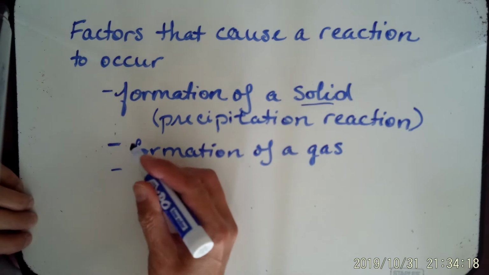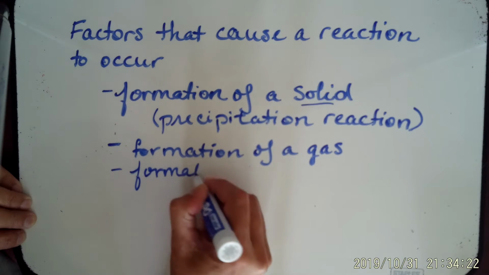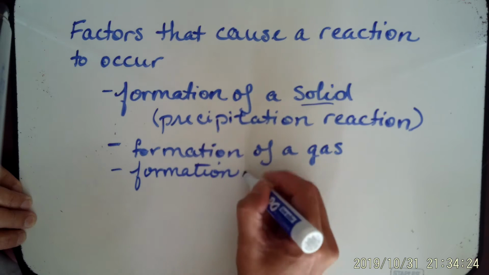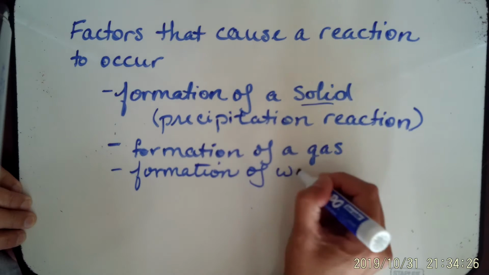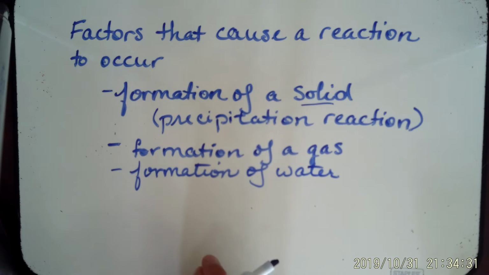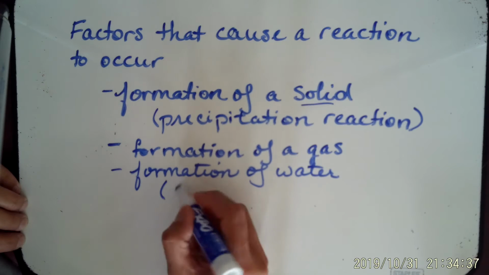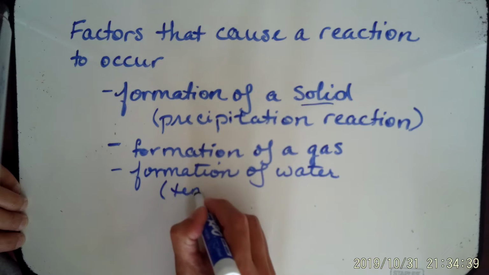Another is the formation of water. Now when we form water, we can't really visually see that like we can see the bubbles or the formation of a solid, the precipitation. But oftentimes this is accompanied by a temperature change.